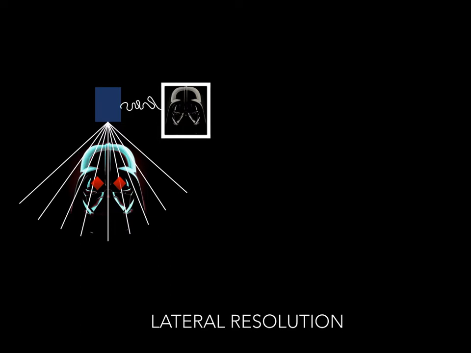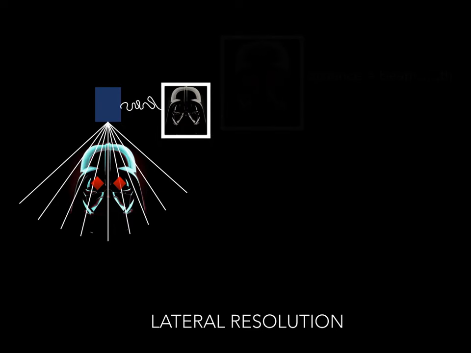Lateral resolution refers to the ability of the ultrasound machine to detect echoes from two closely spaced reflectors positioned perpendicular to the ultrasound beam. Reflectors that are both within the width of the ultrasound beam will produce a single echo.